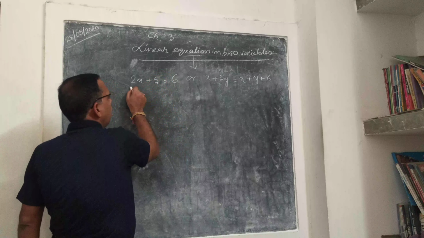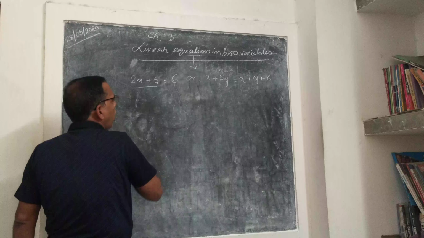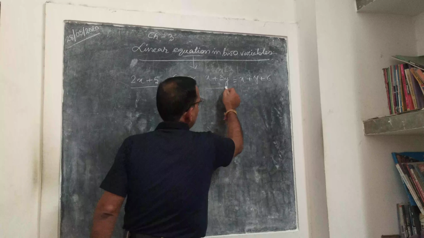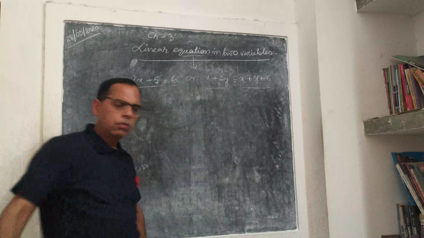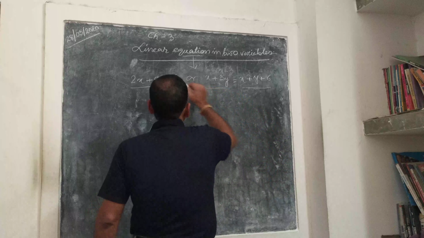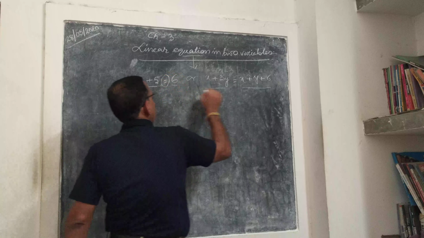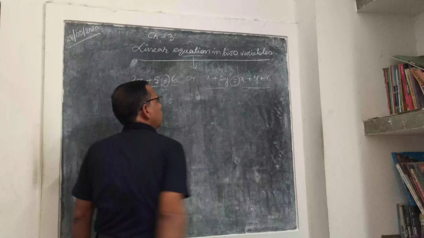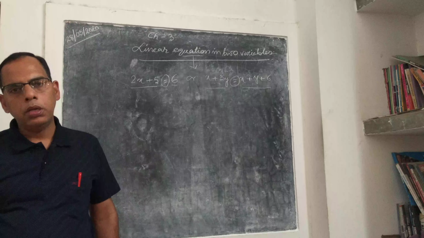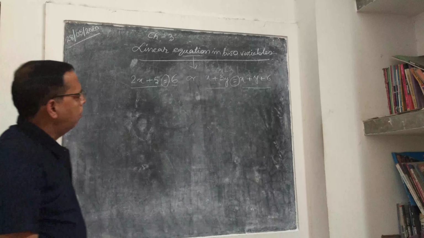See here, this is one algebraic expression, and this is a constant. Here both sides are algebraic expressions. These two are connected by the equal sign, and that is why the equality of two algebraic expressions is known as an equation.